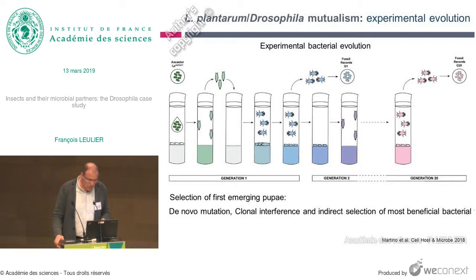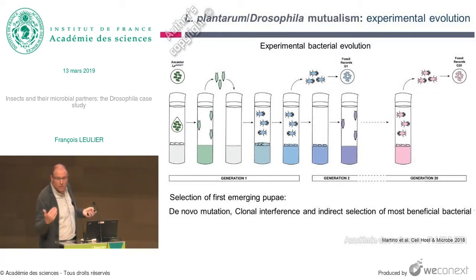So to do so, she designed a protocol over 20 fly generations, where she would mono-associate germ-free fly eggs with an ancestral strain, a non-growth promoting or poorly growth-promoting strain, which is the ancestral strain we use in this protocol.